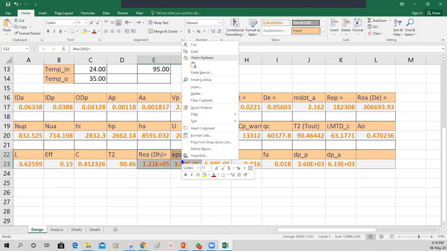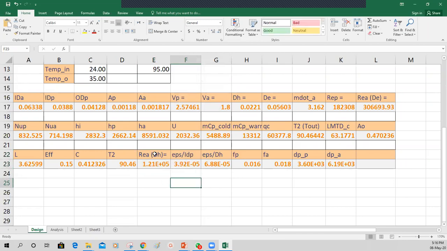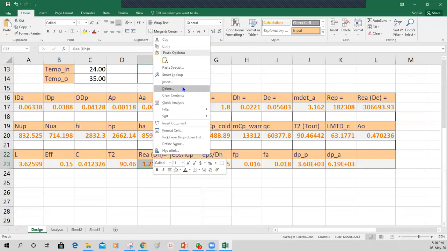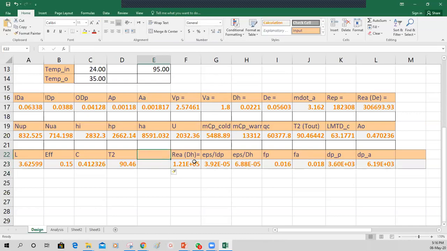So you want the number of transfer units, doctor? Yes. But which area do we use? We use A0? Yes. Okay. 1.7 e minus 4.